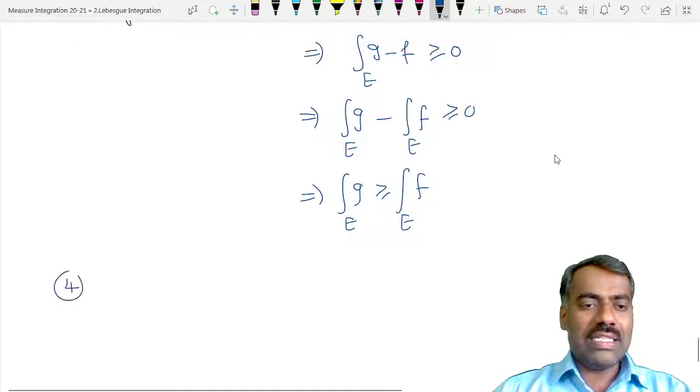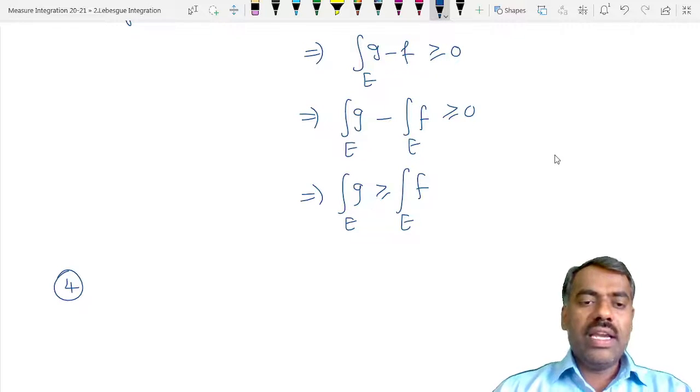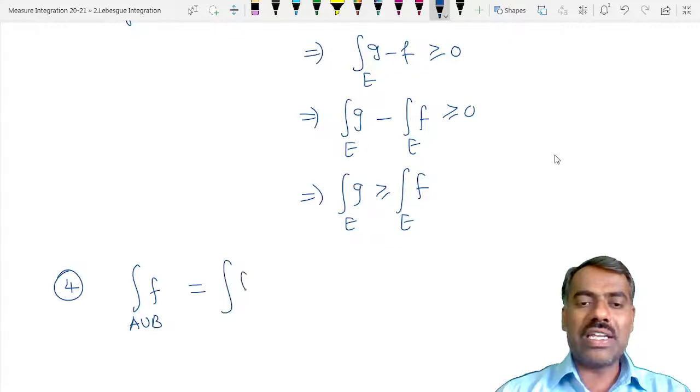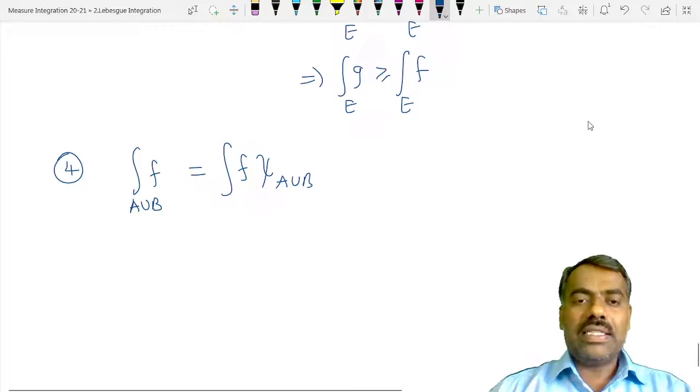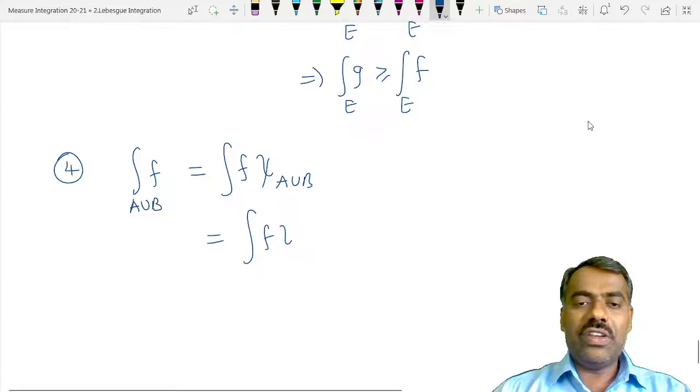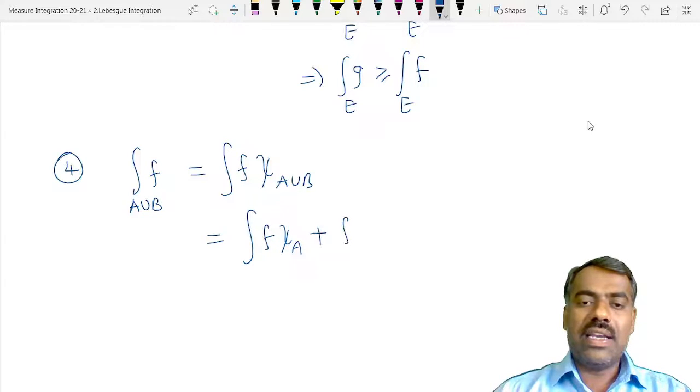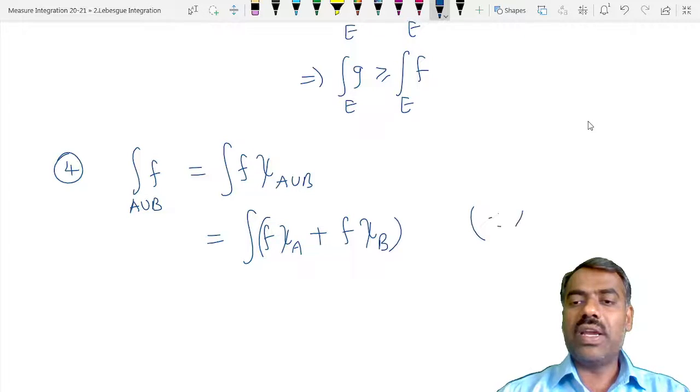Similarly, the fourth one is also obvious. The integration of f over a union b that we want to find is the same as integration of f times chi of a union b, right? But this is the same as integration of f times chi of a plus integration of f times chi of b, because a and b are disjoint, right?